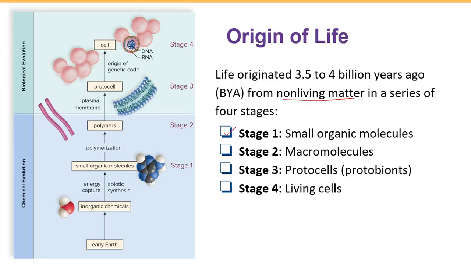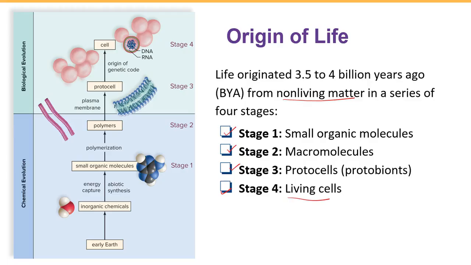Stage 1, formation of small organic molecules. Stage 2, formation of macromolecules or large biological molecules. Stage 3, the formation of protocells, which were not true cells yet. Stage 4, the appearance of the first true living cells.